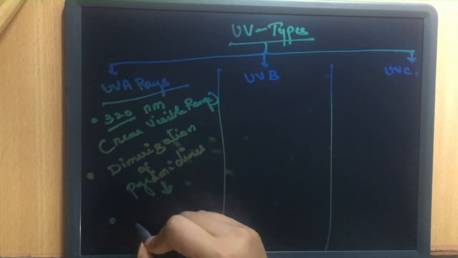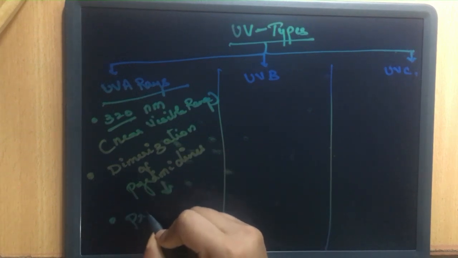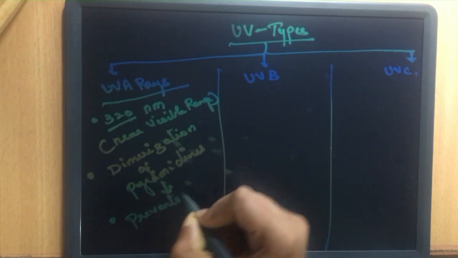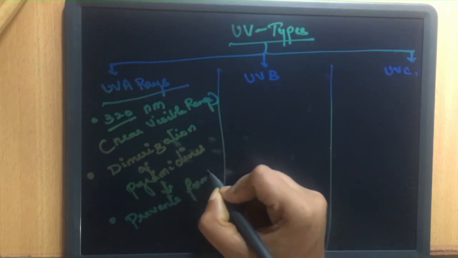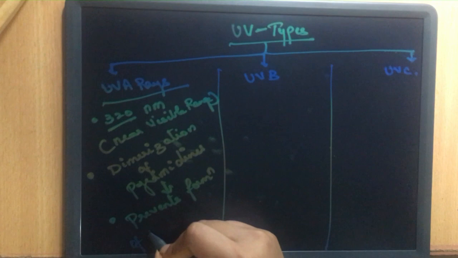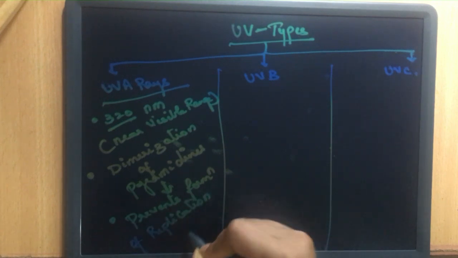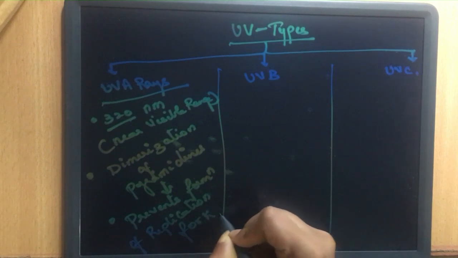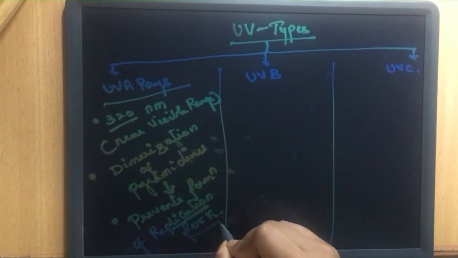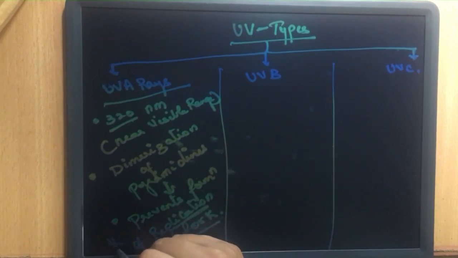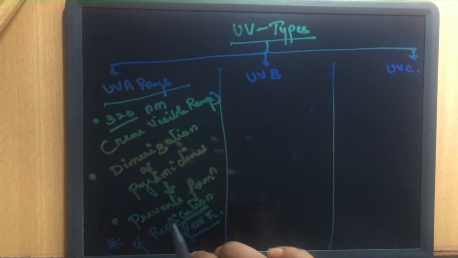This in turn prevents formation of the replication fork. So when the replication fork is not formed, the replication process of the DNA stops.